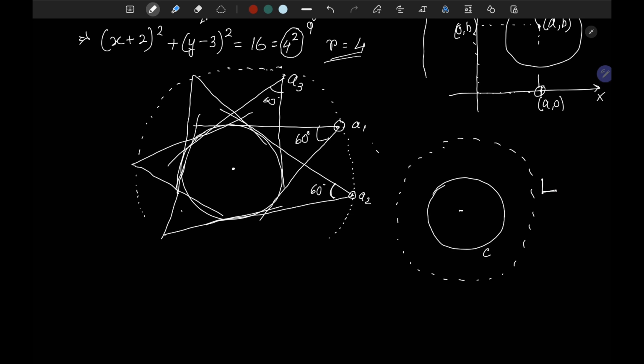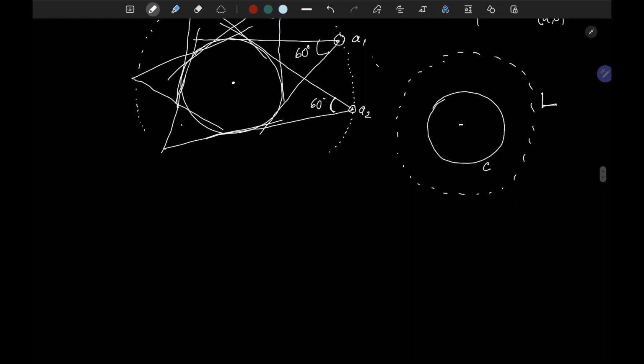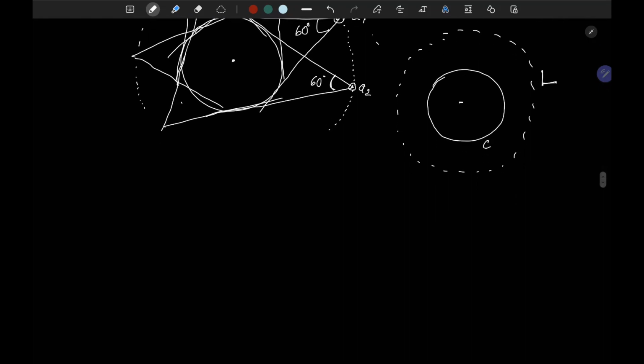Now let's forget for once that this is a coordinate geometry problem and look at it from the angle of a simple Euclidean geometry problem, or trigonometry, you can say. We have a circle like this, we have two tangents, and this angle is 60 degrees.